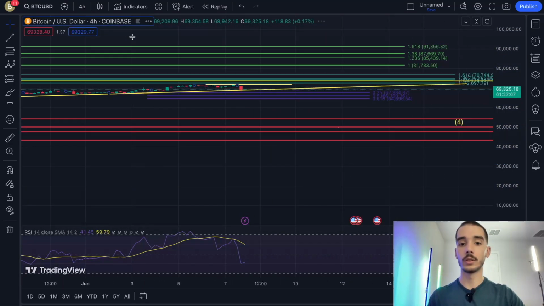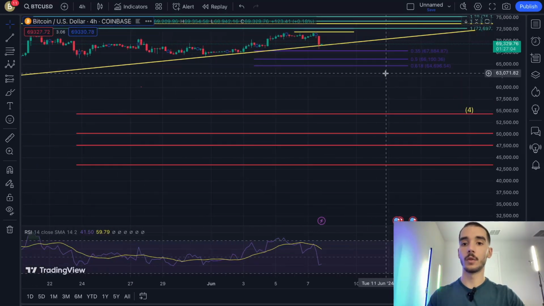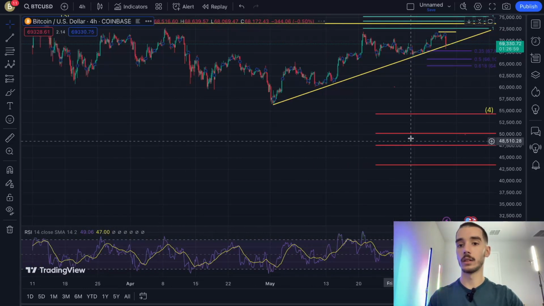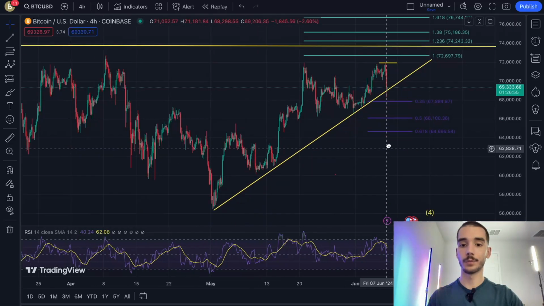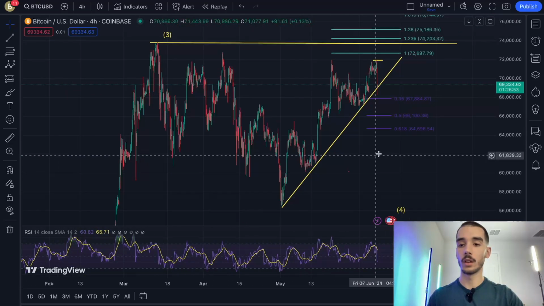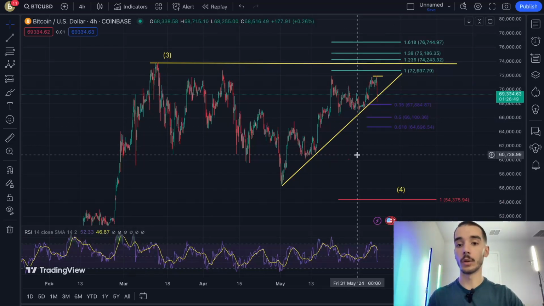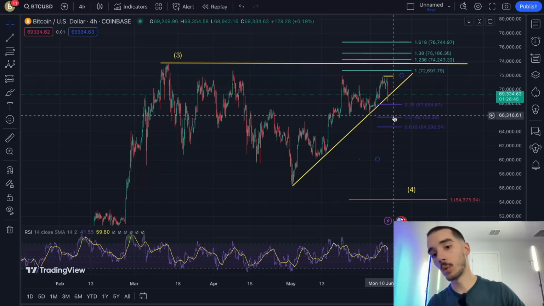So 4 hour. Looking at the 4 hour candles, if I can get this organized a little bit better. Okay. Also, as we continue to see more clear price trends and where the price is going, we'll start deleting these red ones, these purple ones.